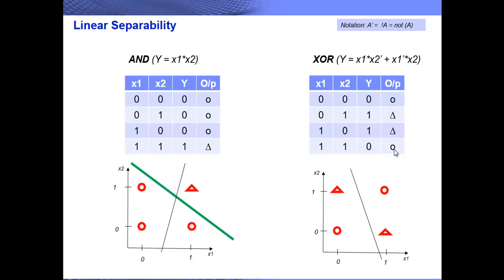And for the output symbols we have used a circle for 0 and a triangle for 1, and we plotted this.